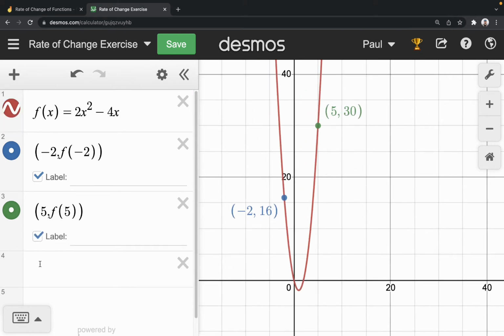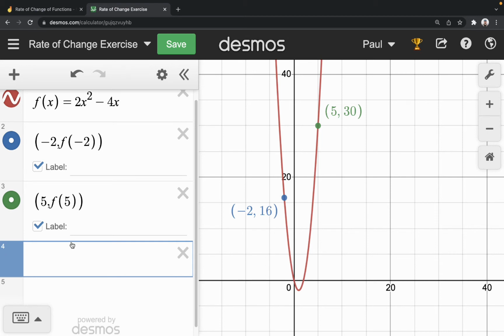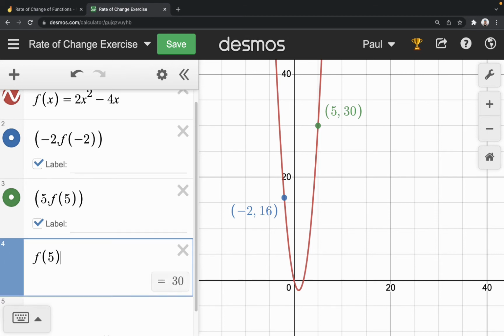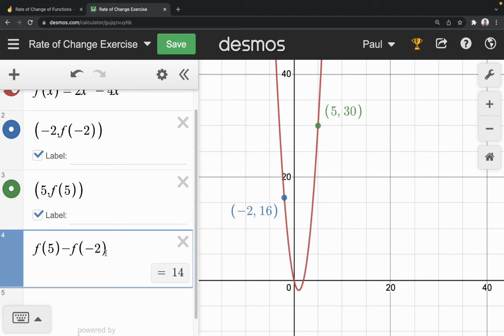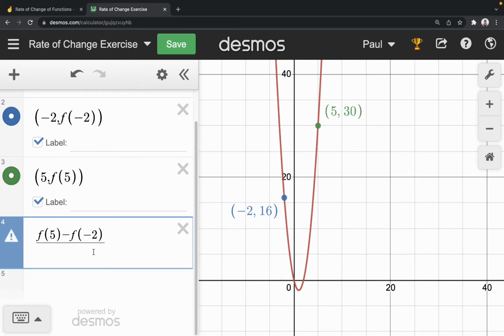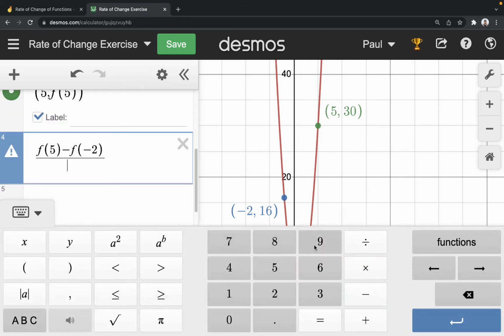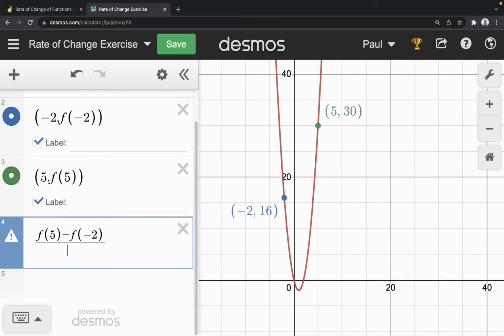I've got the 2 points there, and then I can go even a step further and type out this whole quotient the way it's written. I've got the numerator there, highlight it, hit the slash or division sign. Slash on the keyboard will do the same thing.